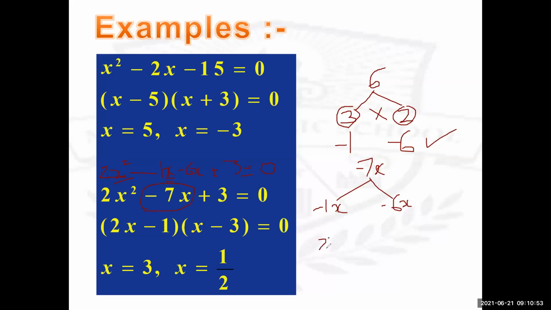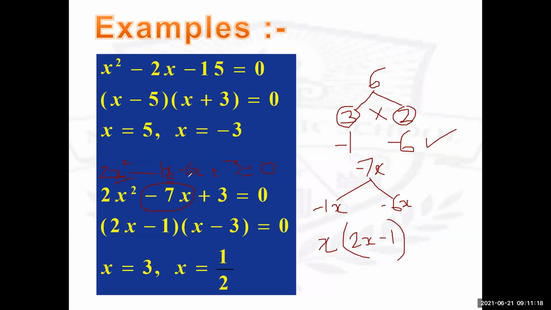So x is out. Now from 2x square, if x goes out, you're left with 2x, minus 1. See, I have not done this intentionally. I have not prepared this slide with all this intentionally because I wanted to show it to you.